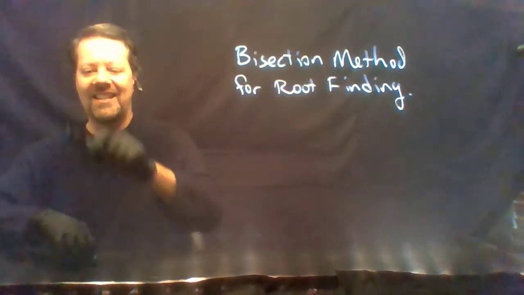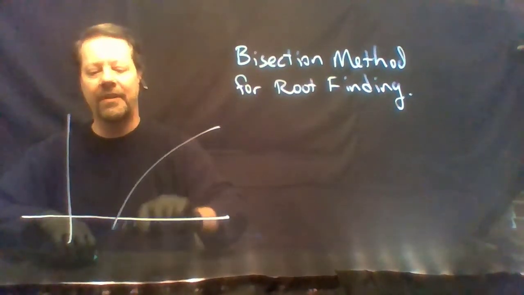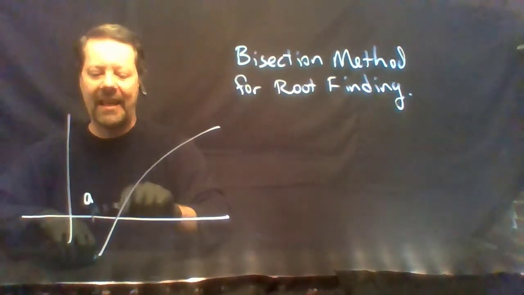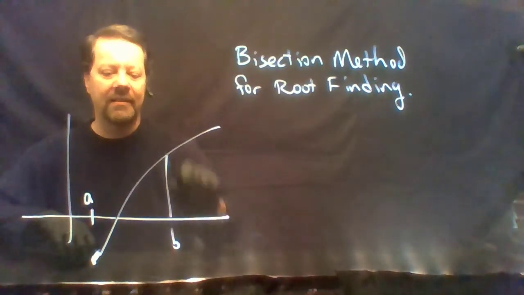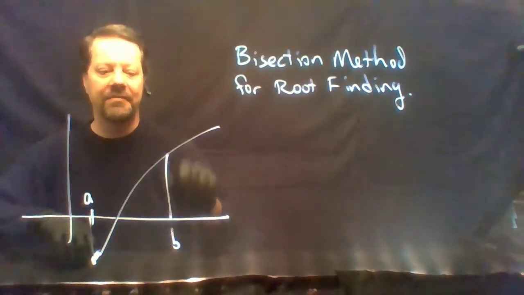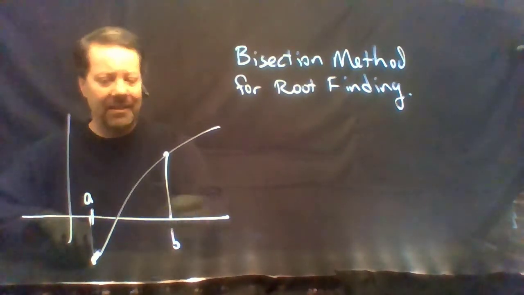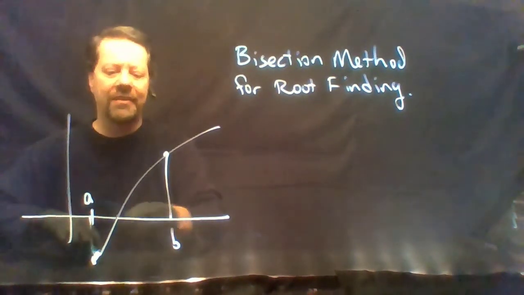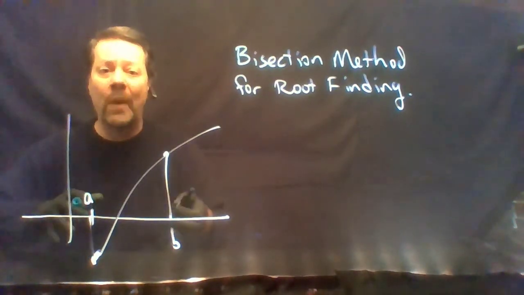The idea goes something like this. Suppose you have a function and you know at a it's negative and at b it's positive. Well, you know by the intermediate value theorem that it has to cross the axis someplace in between. But where?